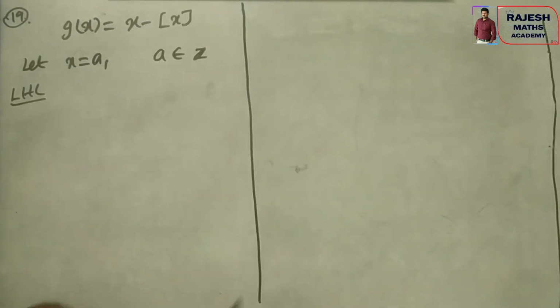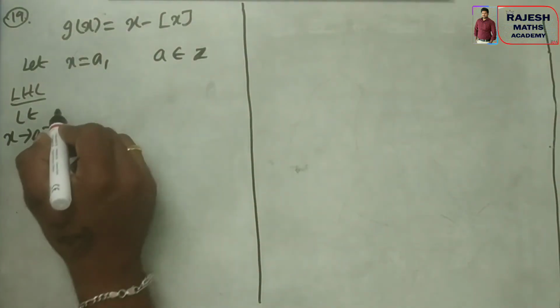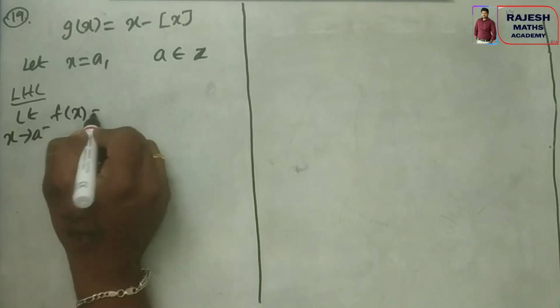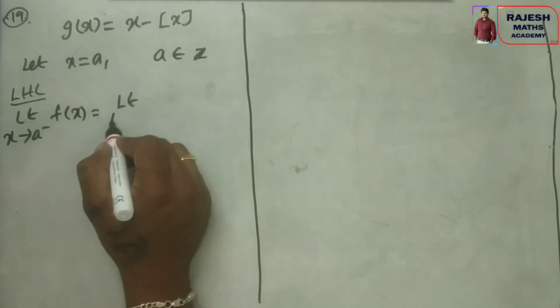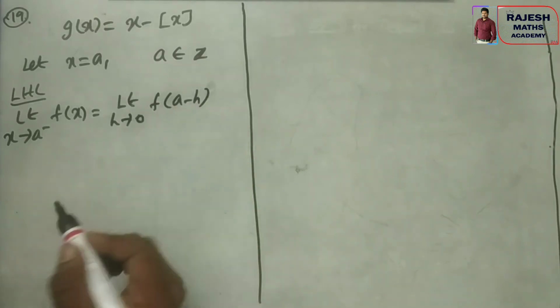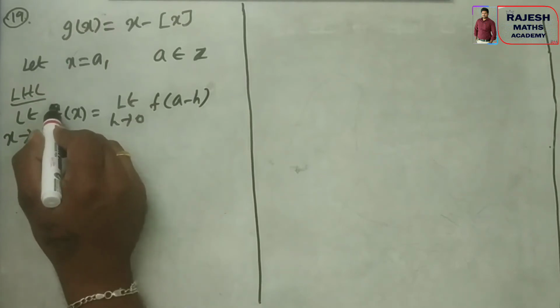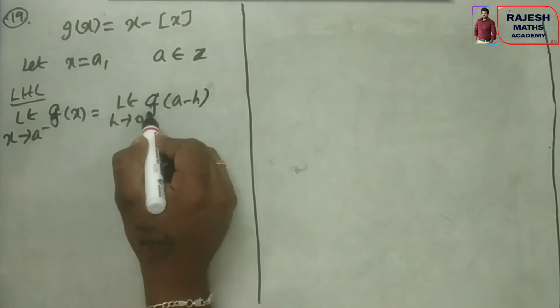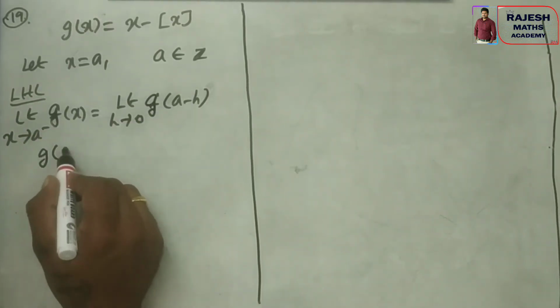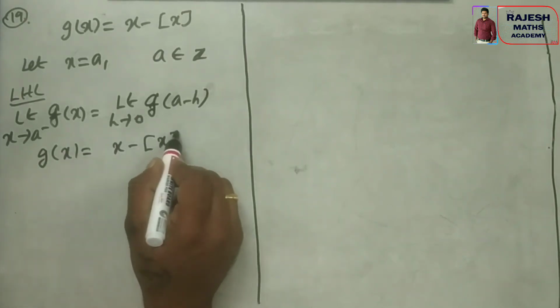The left hand limit definition: limit x tends to a minus of f of x equals limit h tends to 0 of f of a minus h. Here we have g of x, so we change the function into g of a minus h. What is the value of g of x? g of x equals x minus the greatest integer of x.